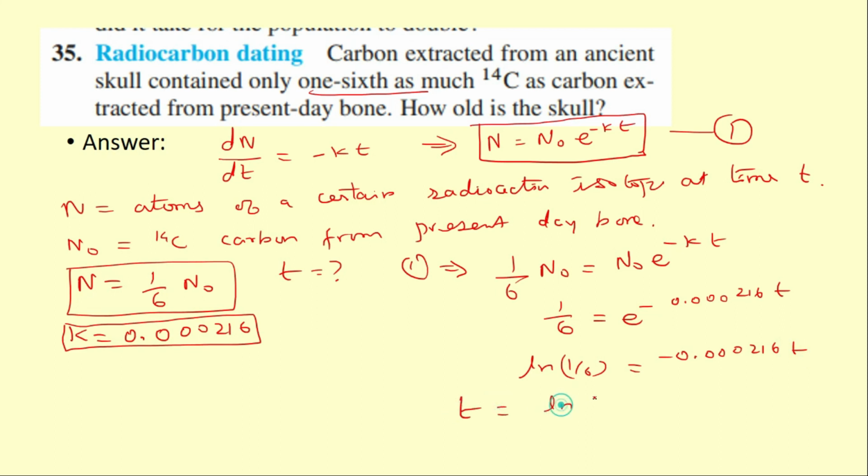T is ln 1 over 6 over minus 0.000216, which is approximately 14,703 years. So the skull is around 14,735 years old. That is the answer of question number 35.